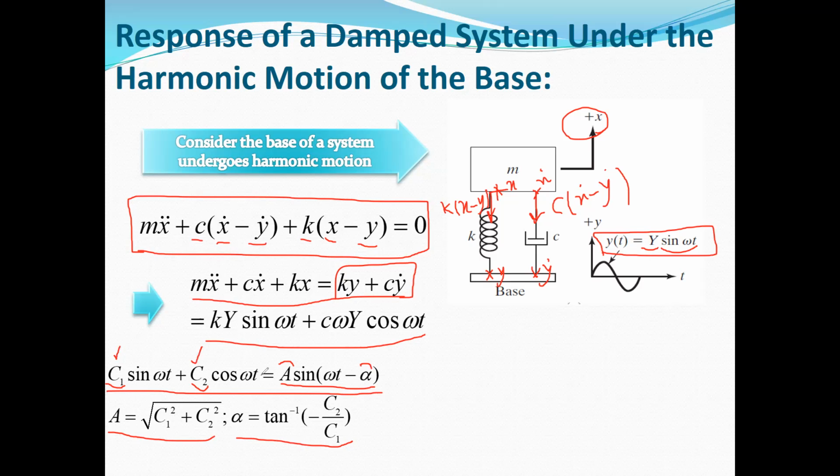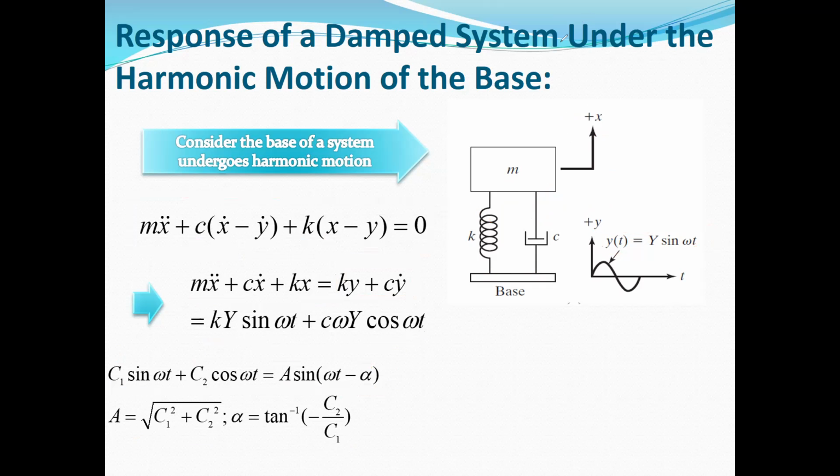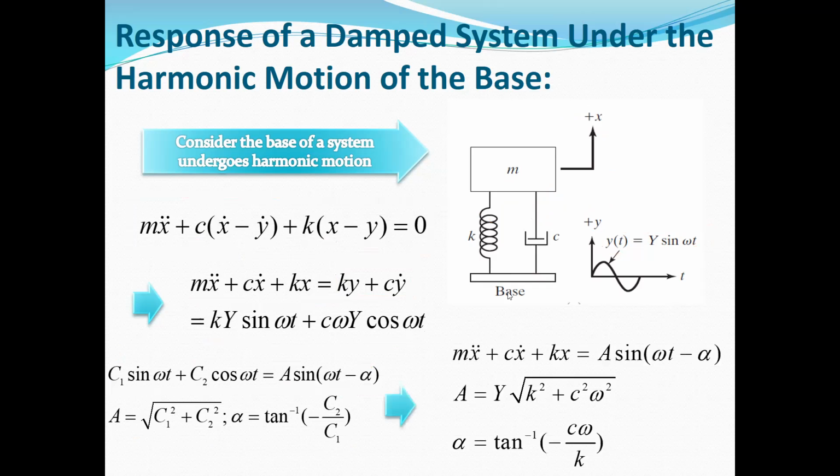So by using these trigonometry relations or identities, we can convert the non-homogeneous term into the form of a sine function. Using this form, we will have A times sine omega t minus alpha, where A is the amplitude.